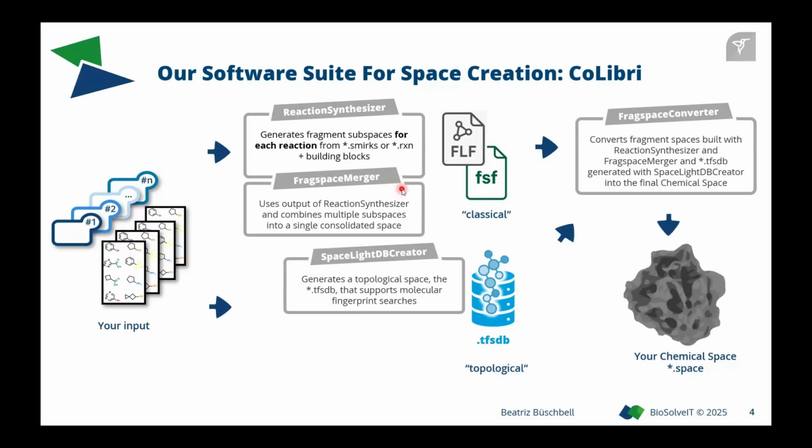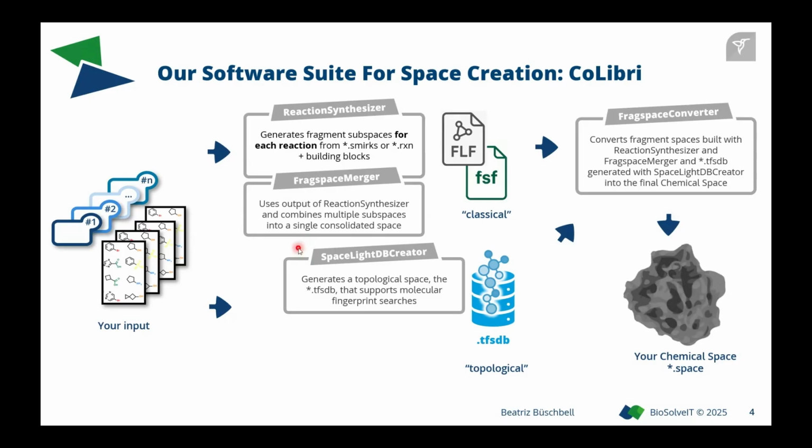Then you would use the frag space merger, which uses the output from the reaction synthesizer and combines all of these little subspaces into a single consolidated space. That is what we typically call, depending on the file types, a classical fragment space that you might have heard of before.